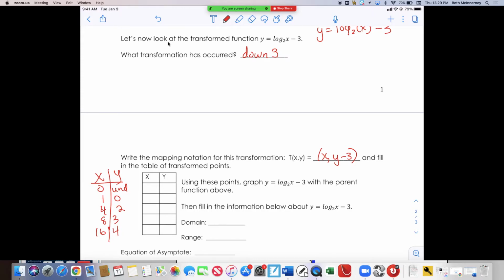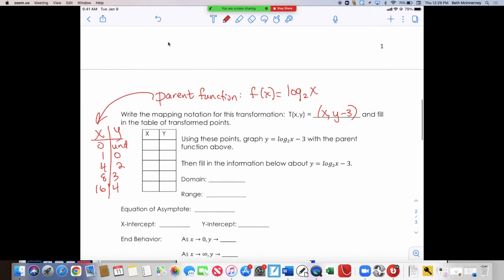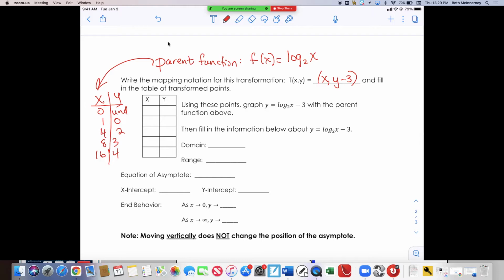So the parent function, let's maybe make sure we're clear. The parent function is f of x equals log base 2 of x. Okay, so this is that parent.